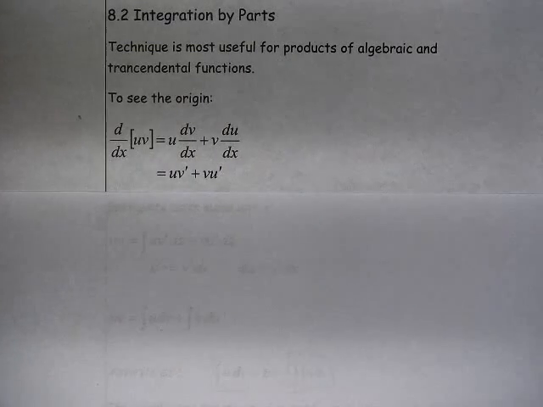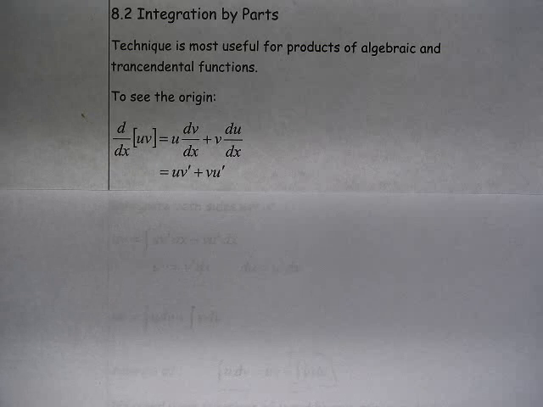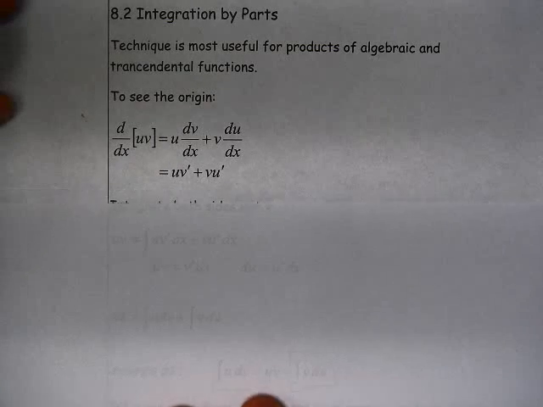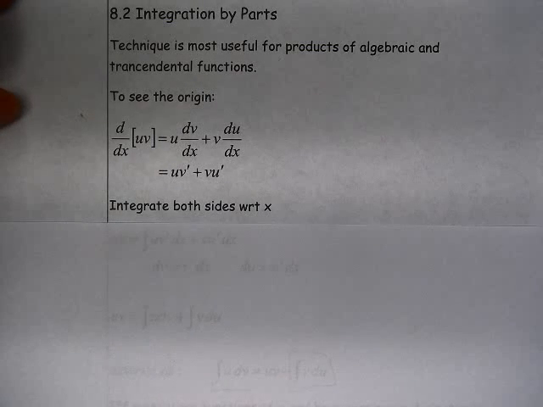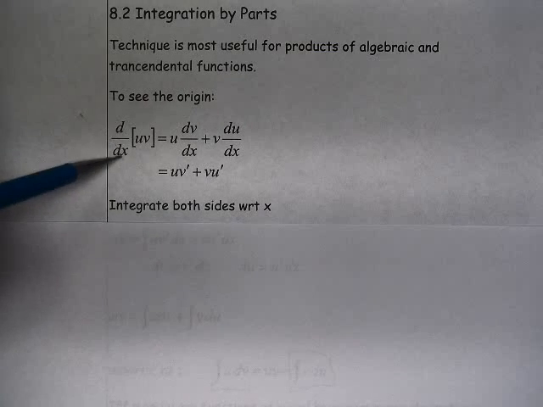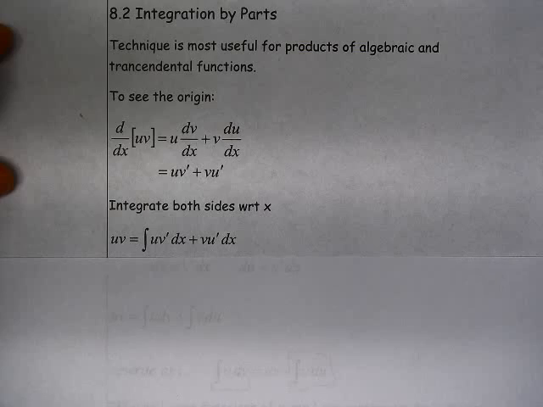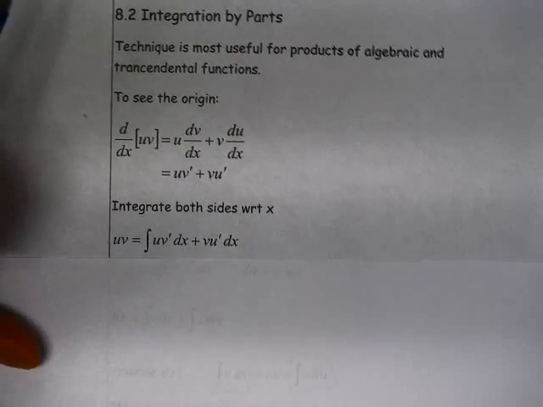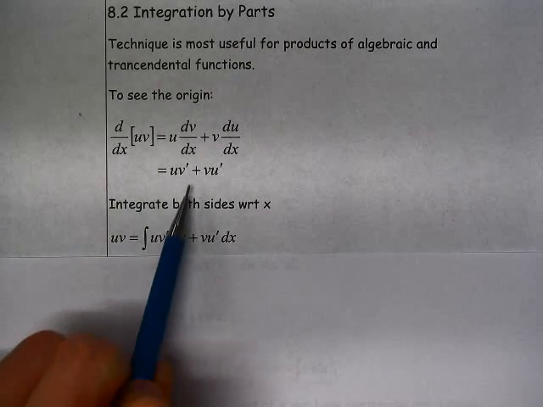So we can write it either way. We're really just writing down the product rule there. Okay, so we're going to start with that, and then we're going to integrate both sides with respect to x. So I have this derivative with respect to x of uv. When I integrate that, of course, I just get uv.